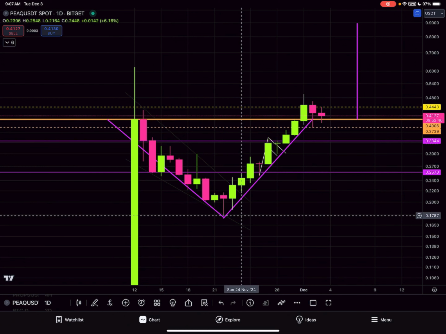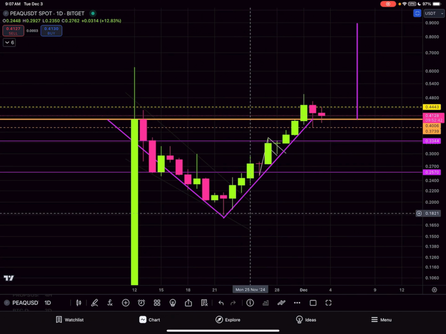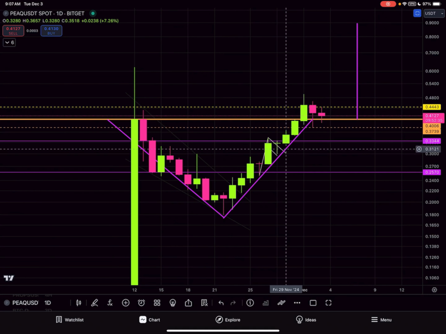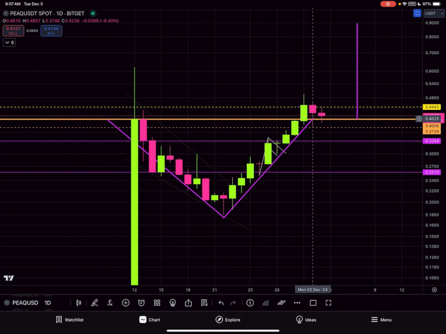Once it hit 18 cents, however, price started to trend up as aggressively as it declined, and we came all the way back above the highest open and close for Peaq.